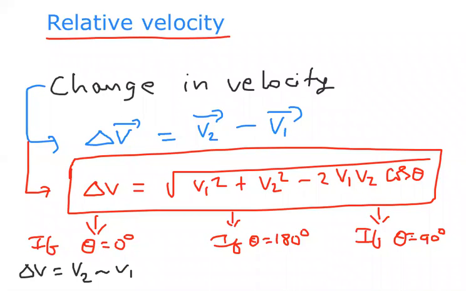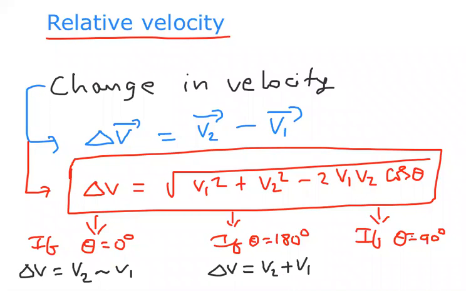That is, we get the difference of the velocities when theta is 0. If theta is 180, cos 180 is minus 1, so minus times minus gives plus, and delta v is v2 plus v1.